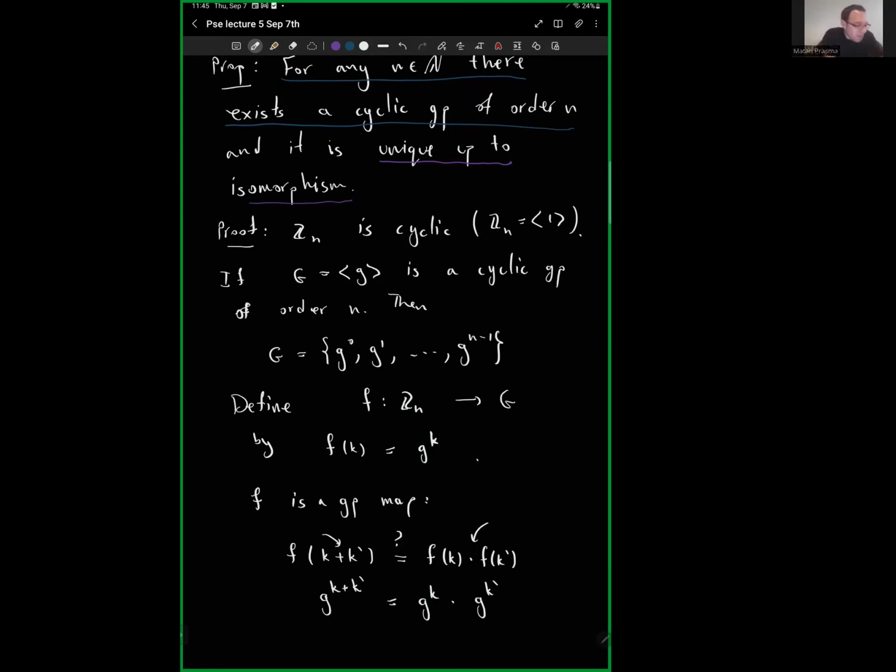And moreover, f is clearly bijective. I mean, this is a one-to-one correspondence. Integers modulo n is simply all the numbers 0 up to n minus 1. And I map each of these numbers to g to the power of this number. So f is an isomorphism.